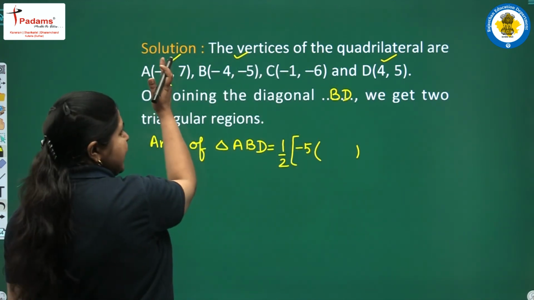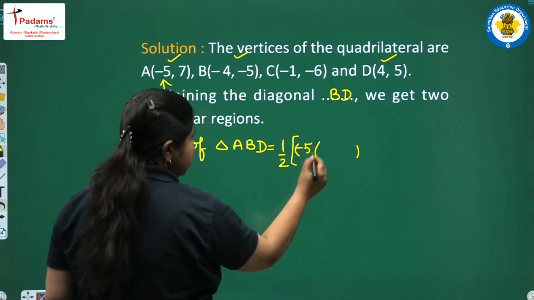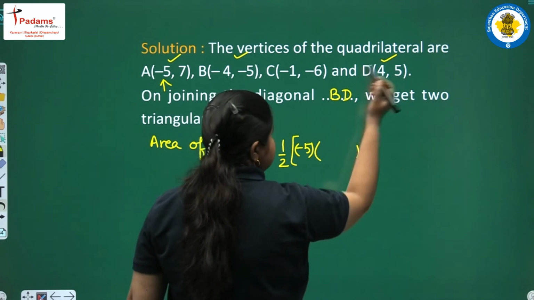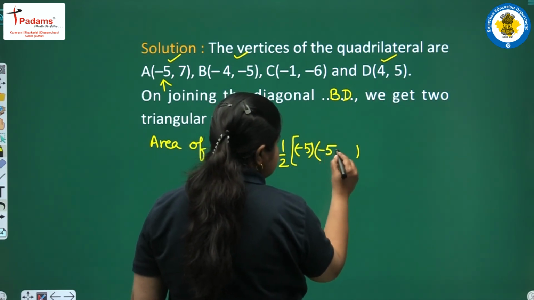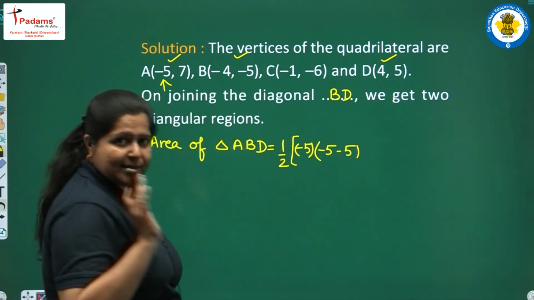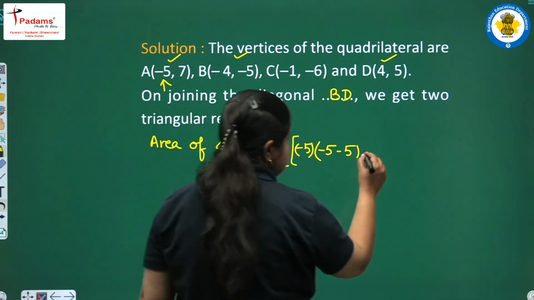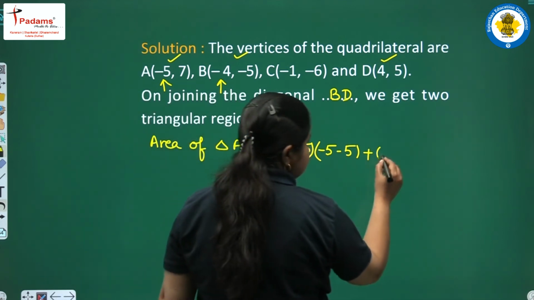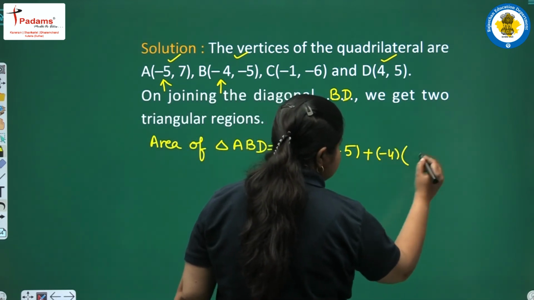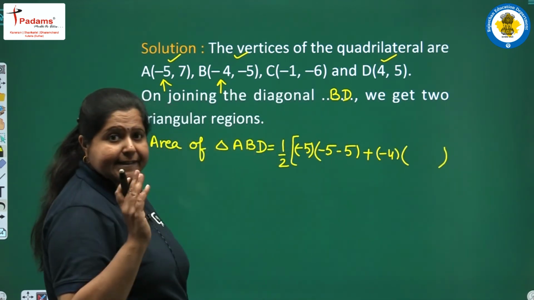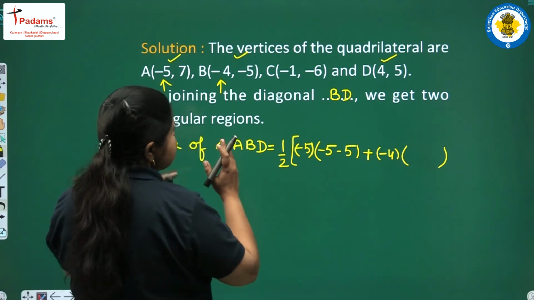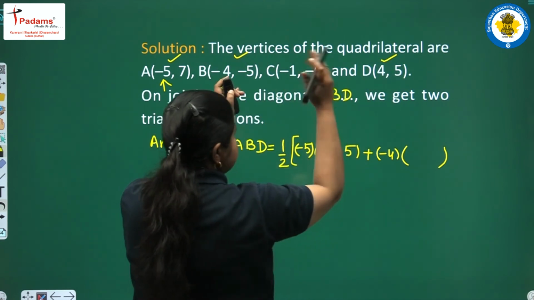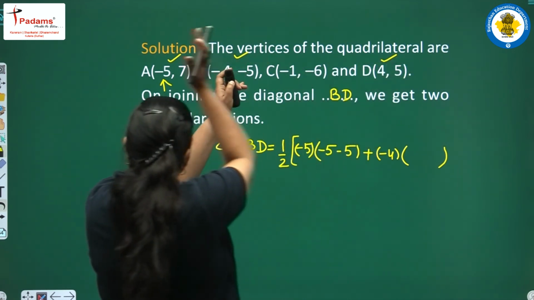तो पहले पॉइंट का x कोऑर्डिनेट हमने ले लिया है -5 और अब यहाँ से लेंगे हम -5 और ये 5, तो इनका डिफरेंस हो गया -5 -5. ठीक है, समझ में आ रहा है. Next we take the x coordinate of the second point and that is -4. So we write here -4. और अब फिर से हम y कोऑर्डिनेट्स का डिफरेंस लेंगे, इसको छोड़ के बाकी 2. 5 -7.